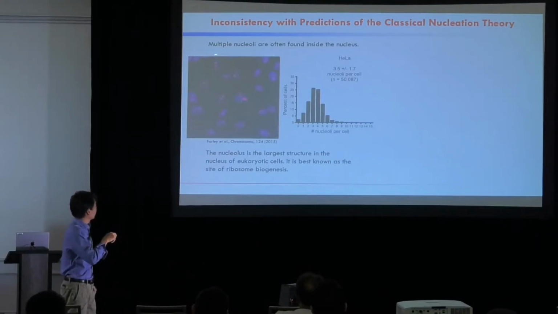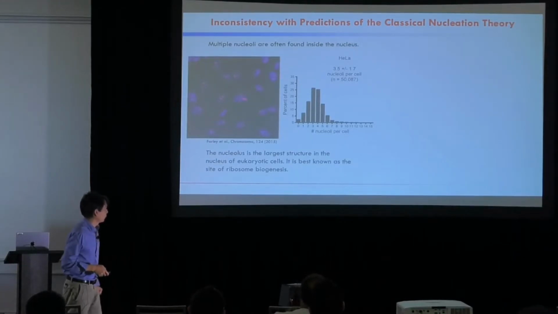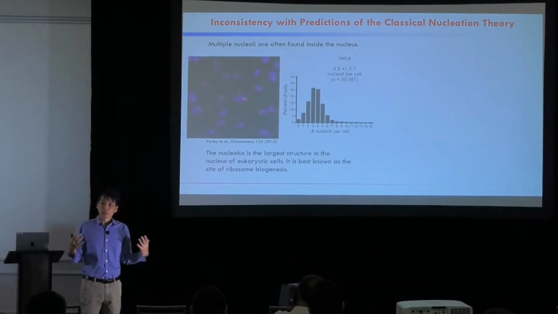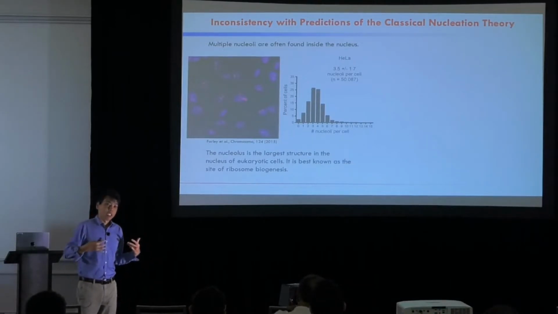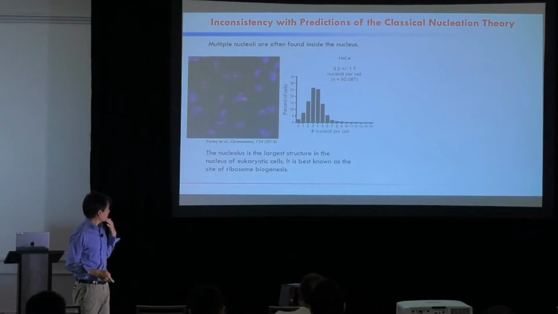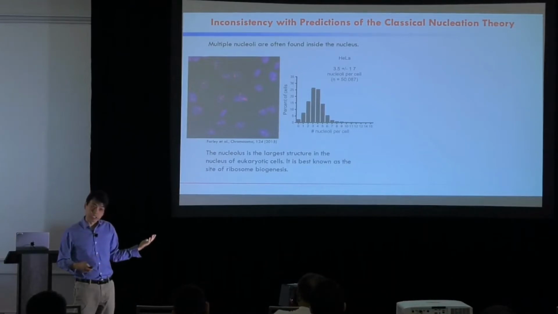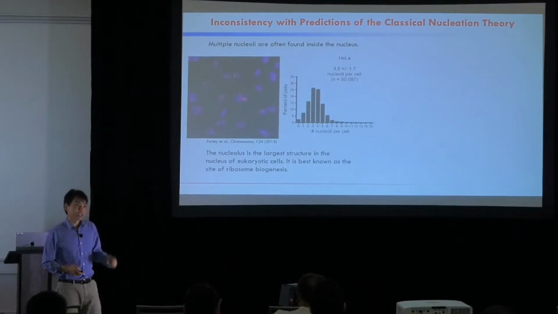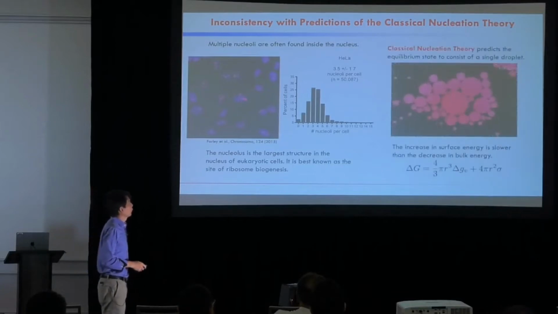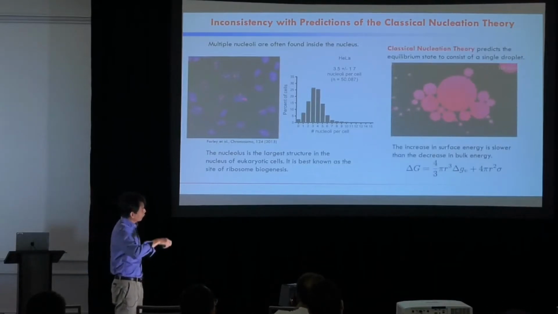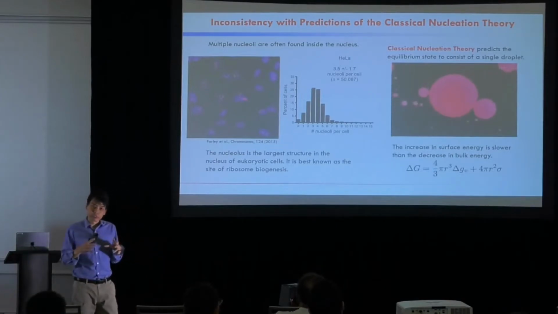You can clearly see multiple nucleoli in each individual nucleus, and this is a quantification of the image shown on the left. We all heard from Ibrahim's talk that phase separation should more or less follow classical nucleation theory. But classical nucleation theory also predicts that thermodynamic equilibrium should consist of one single droplet to minimize the surface tension.